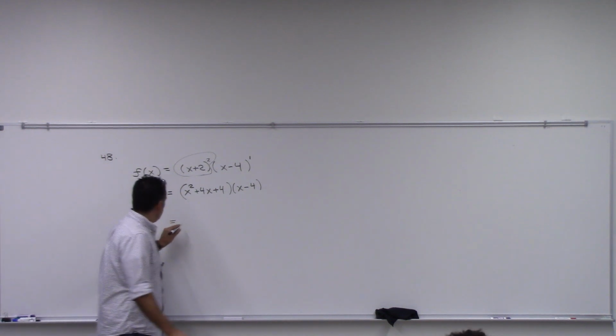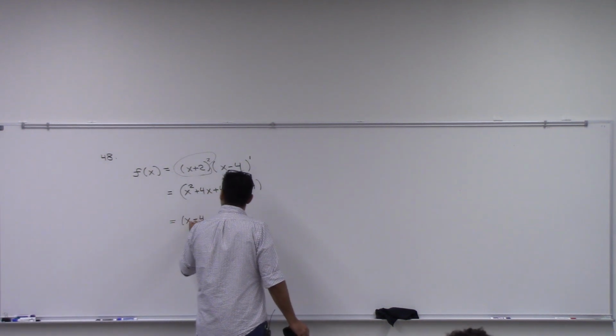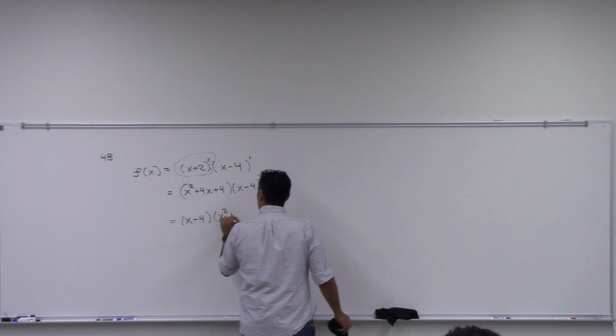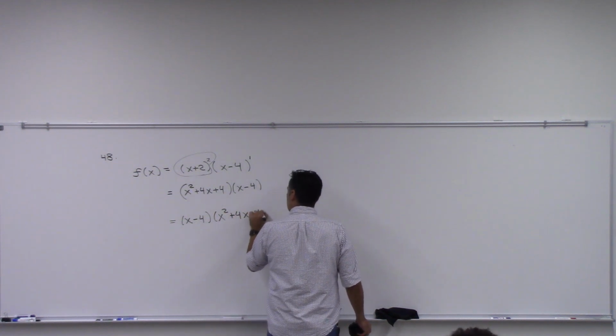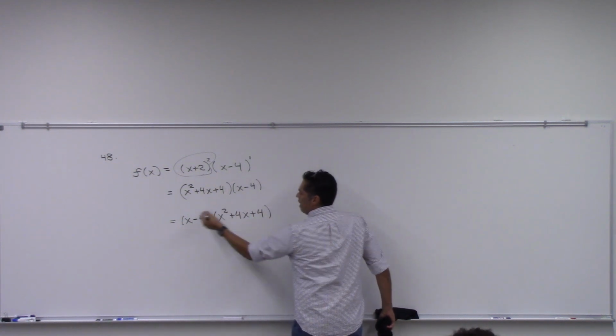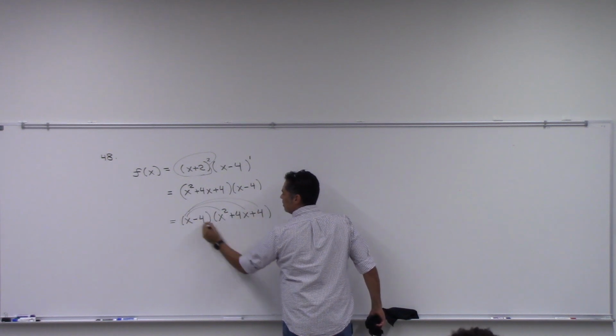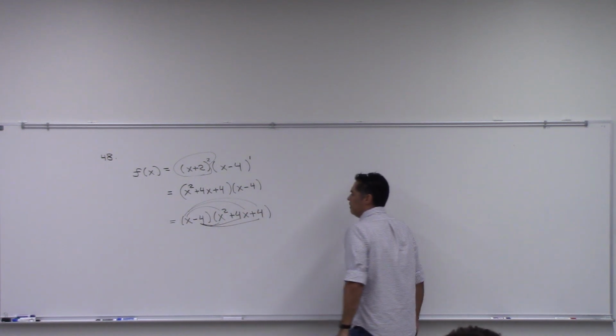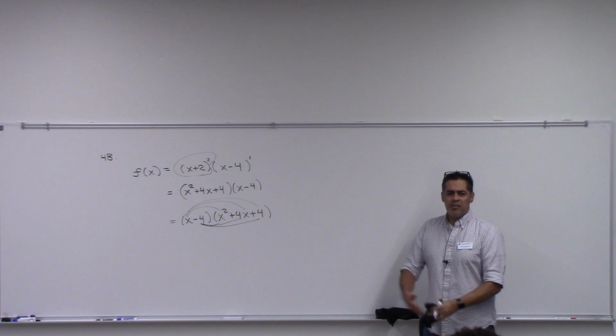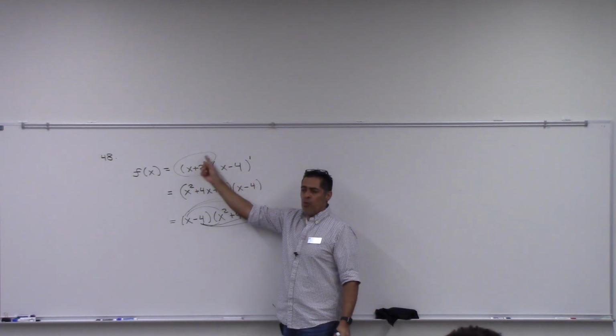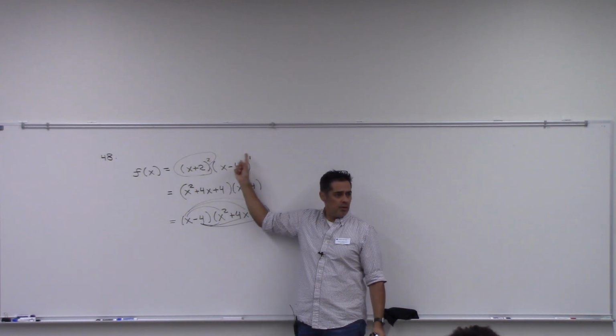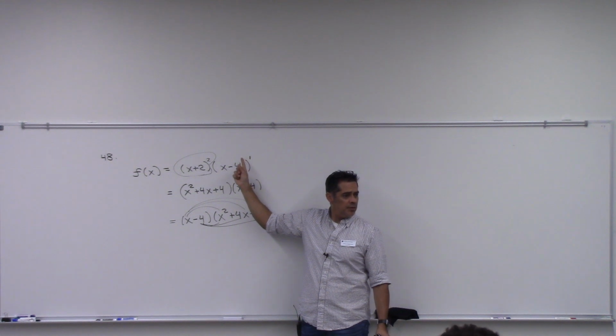Multiply this out. Let me switch the order so that it kind of follows the same way. So I just reverse the order. That way we can do this, this, this, this, this, this. Any questions on where I got these factors and where I got the 2 and the 1? Everyone clear on that? Sure?